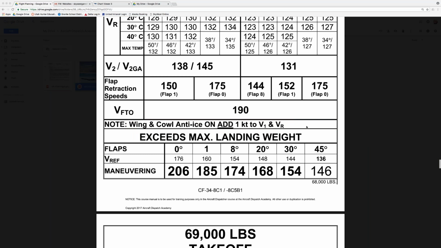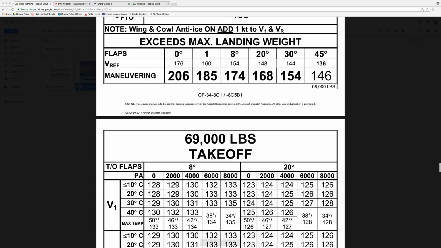You're just pulling off performance from the compressor, which means less thrust. Right. Because of our bleed air, we're robbing the engine of that thrust, right? So that's why we would take a hit to our speeds.